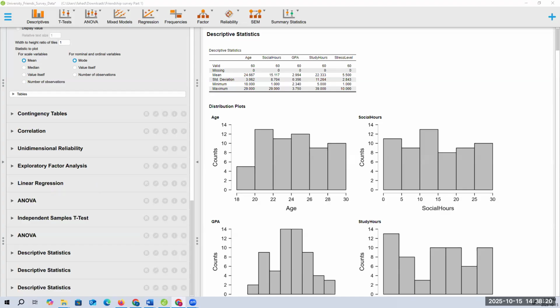So, for example, study time could be a predictor of GPA in university. The more you study, the higher the GPA. The more friends you have, the higher GPA could be related to that.